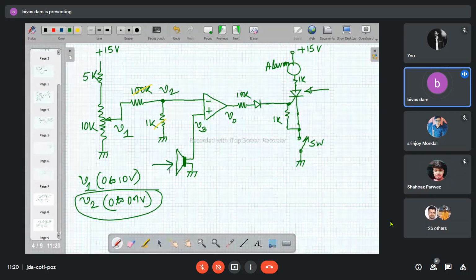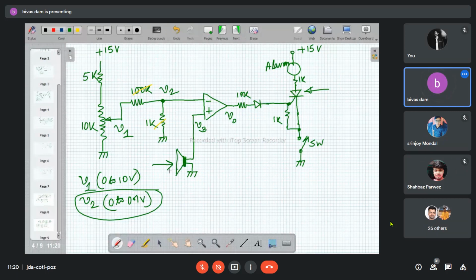So now you are monitoring the V0 using some meter or oscilloscope. Let us keep V1 at the initial minimum position. So what will be the input difference voltage of the comparator? If V1 is at the minimum position, what will be the V0 level?